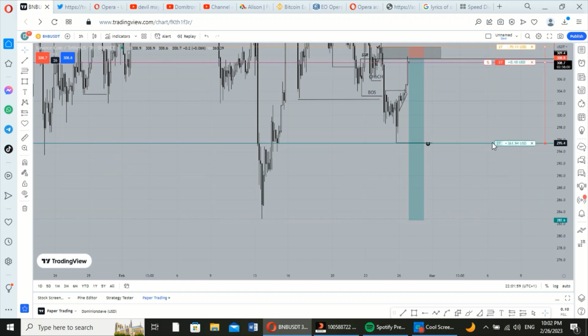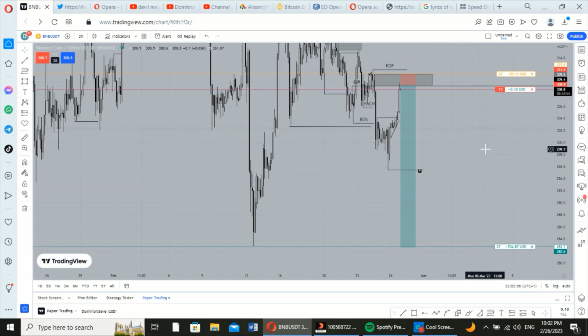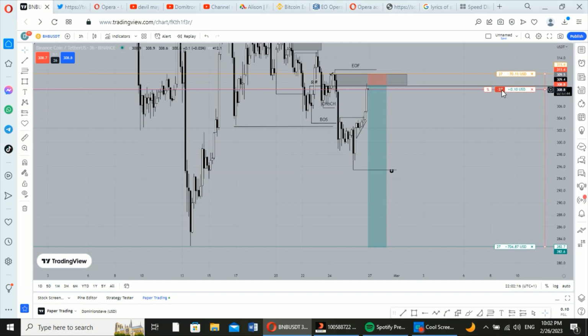Is that possible? Alright, yeah. So we'll be having 704 right here. So we're risking $70 on a 26 lot size, or probably 27 lot size right here. So stop loss should be above right here.